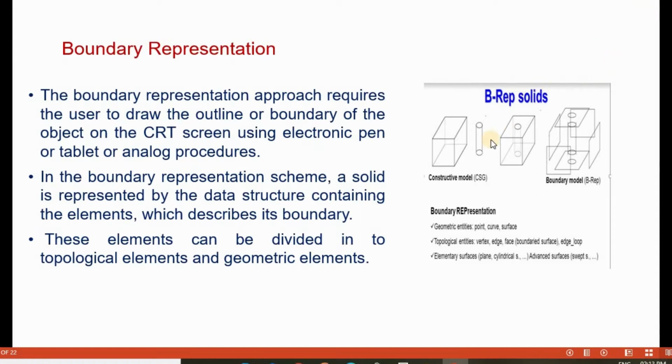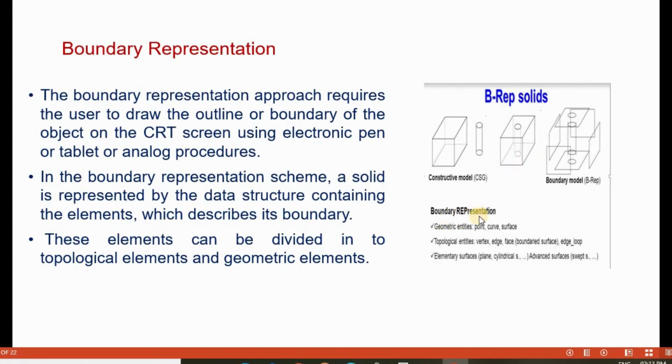This object shows the top, face, bottom, and side. So these various boundaries are represented by using the boundary representation. The solid model object's boundary is represented through the boundary representation technique.